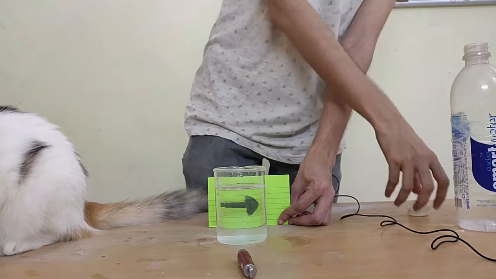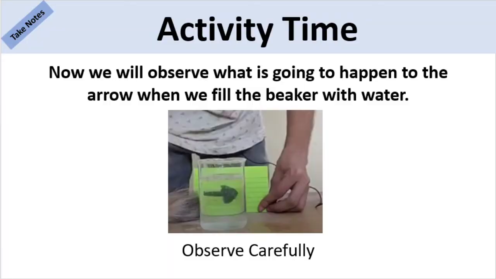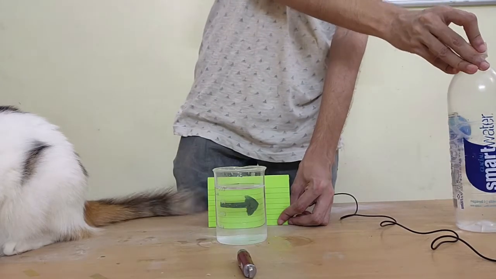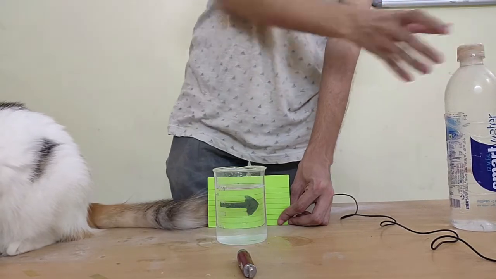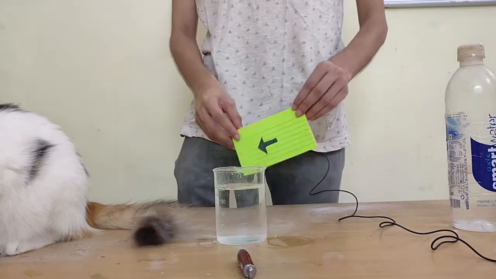Something has definitely changed when we do this. The arrow which is pointing that way has changed twice in this experiment, right?